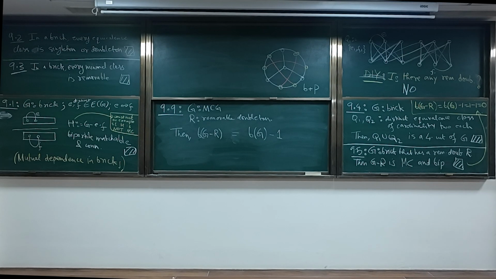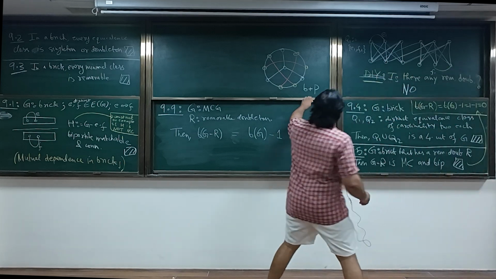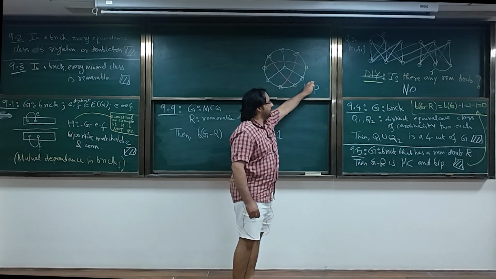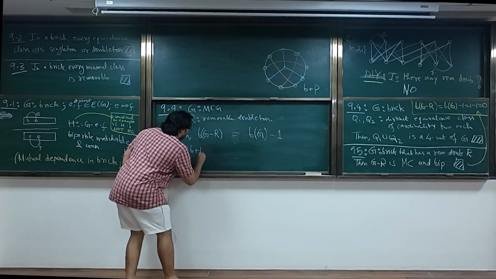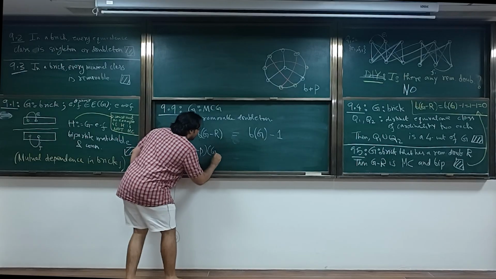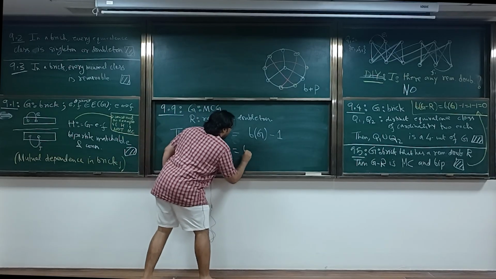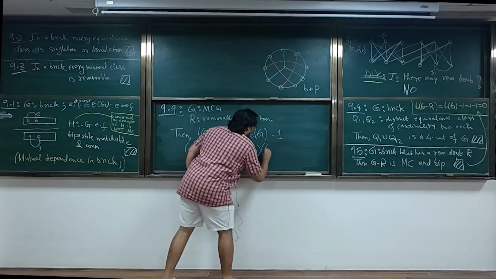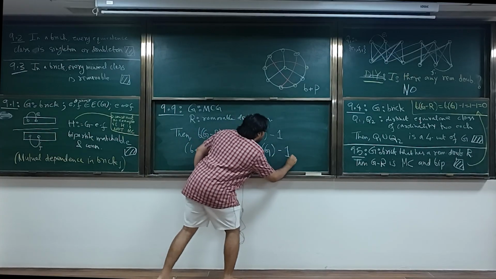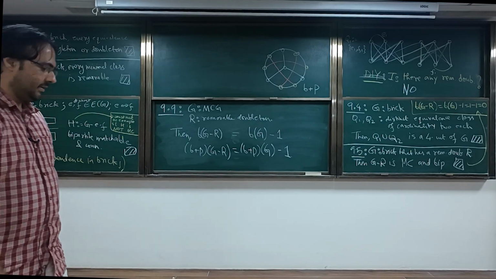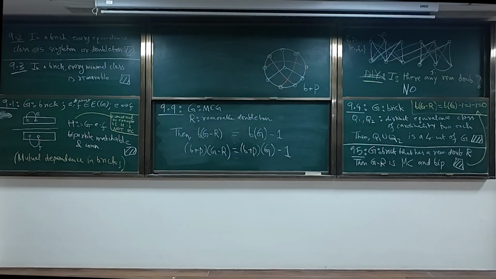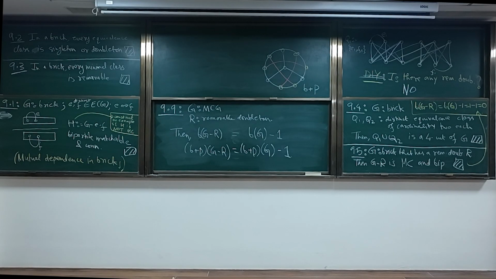Prerequisite. So this is one example where you need the function B plus P, and therefore, while we are at it, let us also settle this. We will prove both of these. We will prove that the number of bricks goes down by exactly 1 when you delete a removable doubleton, and the number of bricks counting Petersen twice also goes down by exactly 1.